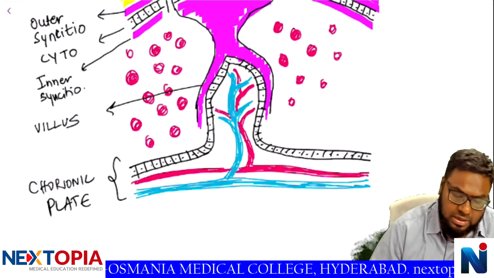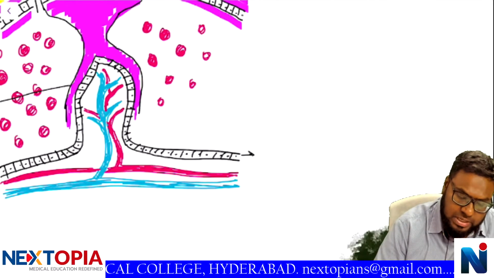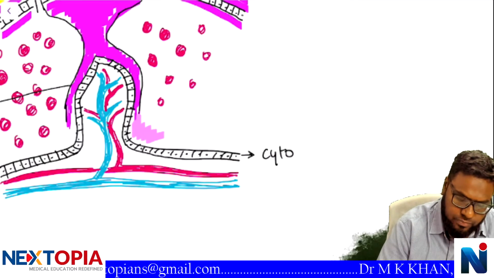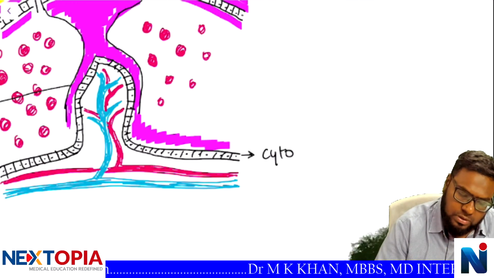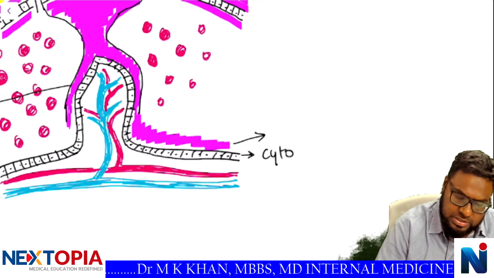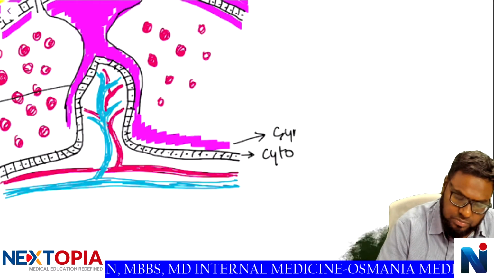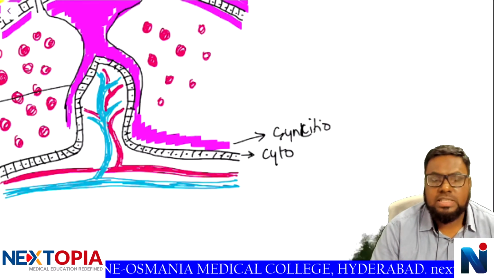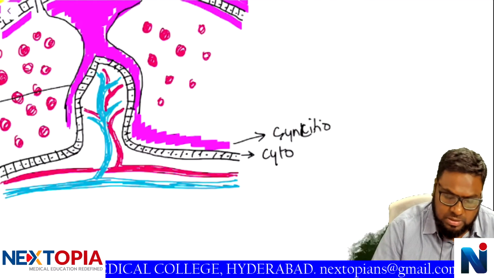Which consists again of cytotrophoblast, the syncytial trophoblast, the cytotrophoblast, the syncytial trophoblast, the blood vessels.